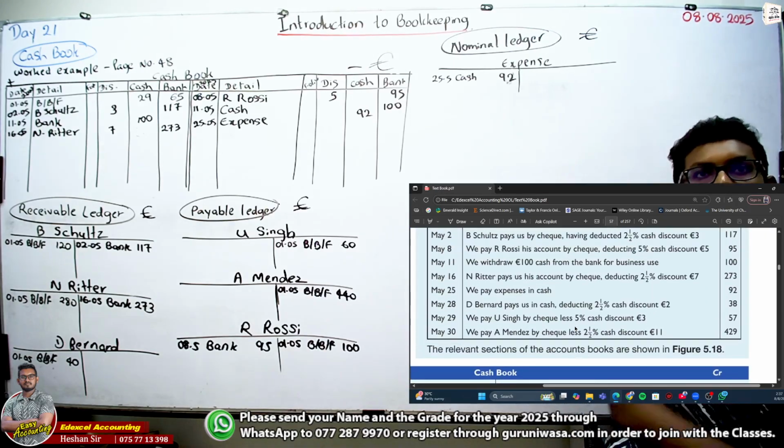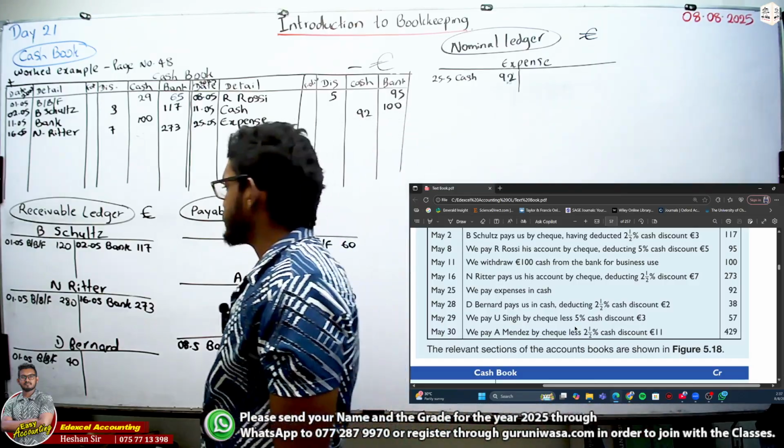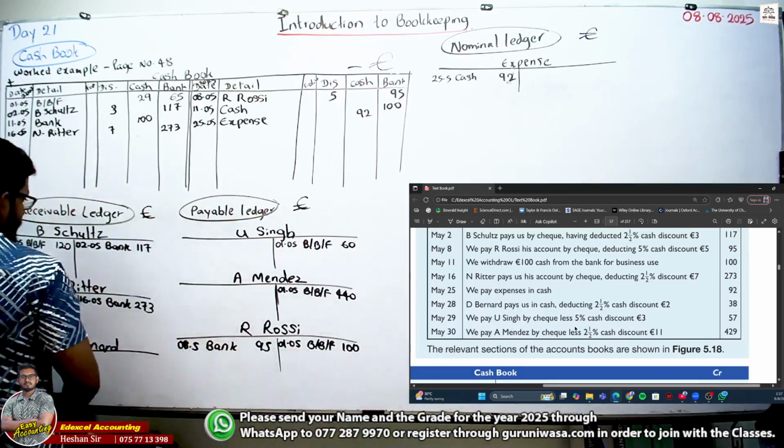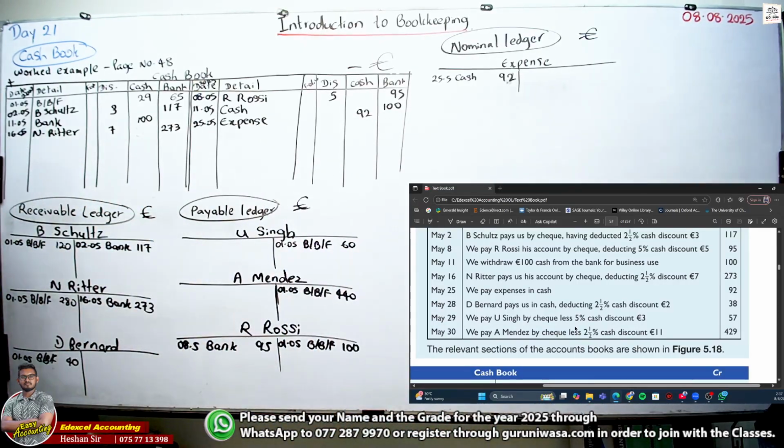Right. B. Bernard, our receivable, paid us in cash. So we receive cash, deducting 2.5% cash discount, which means 2. In the cash book, we receive cash on 28th of May from B. Bernard.